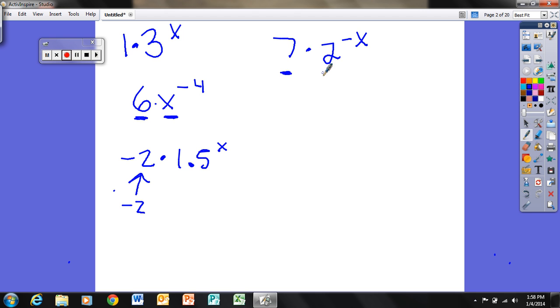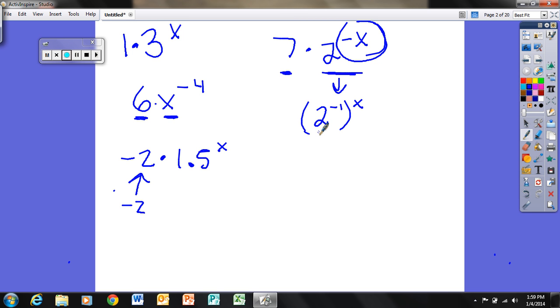And then our base value actually isn't going to be 2. Because we have a negative exponent, we need to get rid of that negative exponent. And we've talked about negative exponents before. What does this actually mean? Well, this actually stands for 2 to the negative 1 times x.